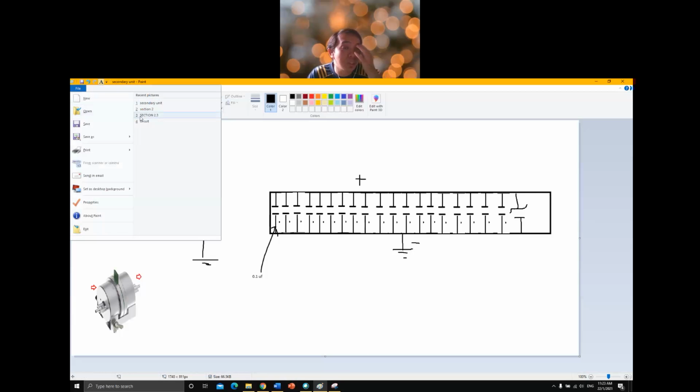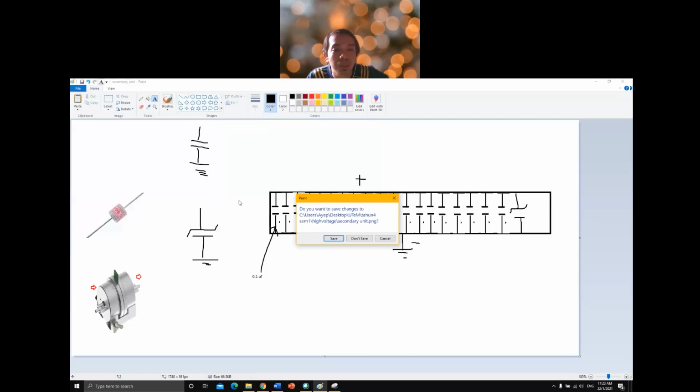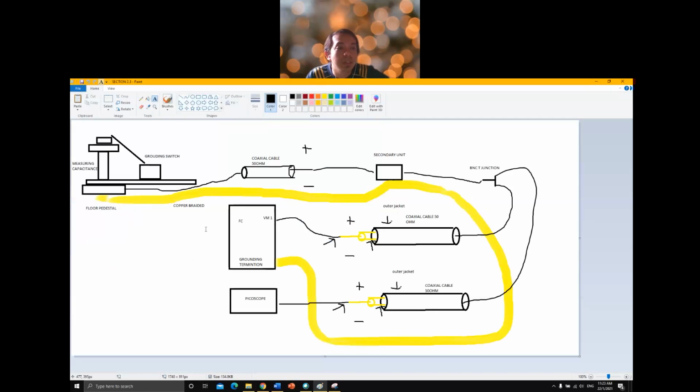Finally, we explain section 2, the last picture. First, we have a measuring capacitor, and there is a grounding switch. This measuring capacitor is connected with a secondary unit using a 50 ohm coaxial cable.